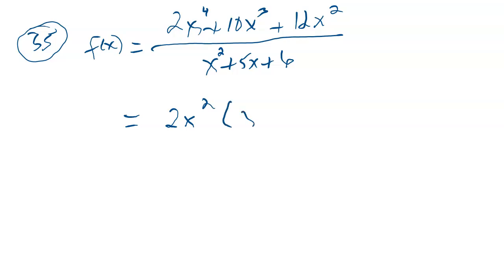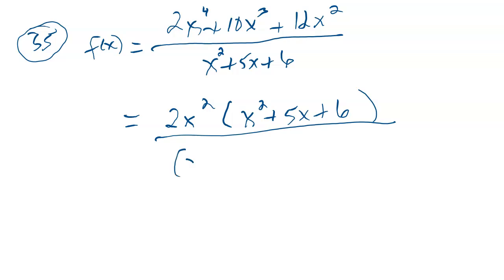I'll have x squared plus 5x plus 6. Okay, I don't want to cancel this out, though. I want to make sure I factor. This is going to be x plus 3 times x plus 2. I think that looks correct.